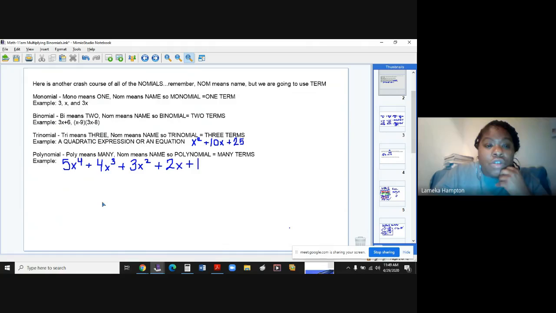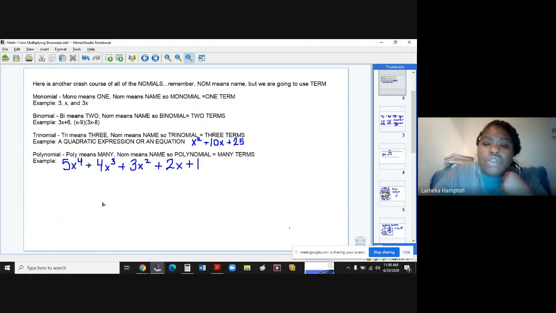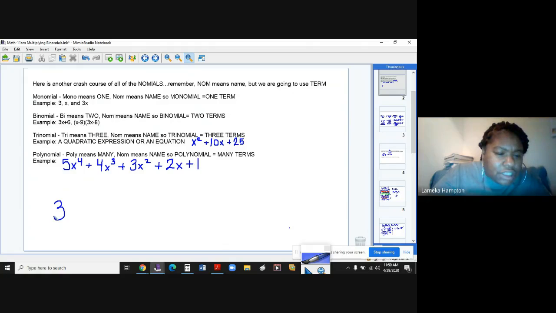Yes, I can. You just have to keep the exponent right. No, I'm looking at this one, Mr. McFadden, and I'm looking at 3x plus 6. So my question is, can I add those? Let me write it down here so you can see it better.